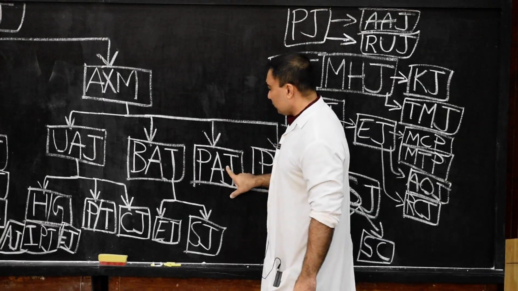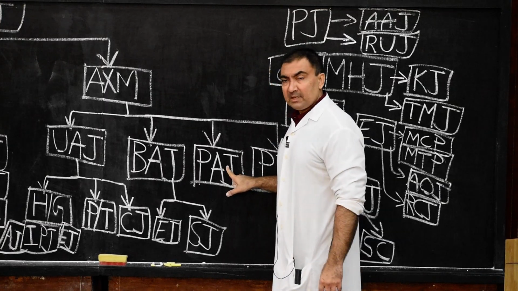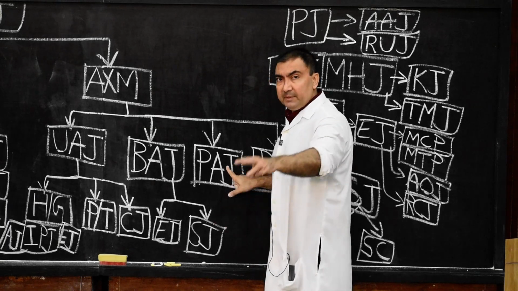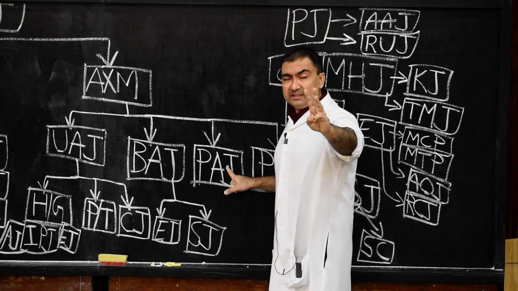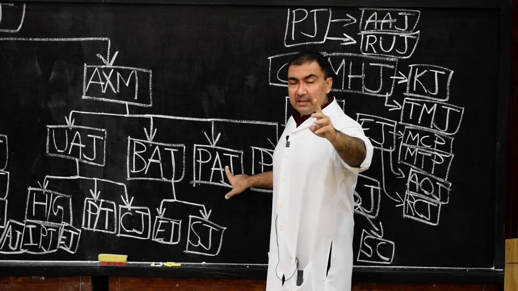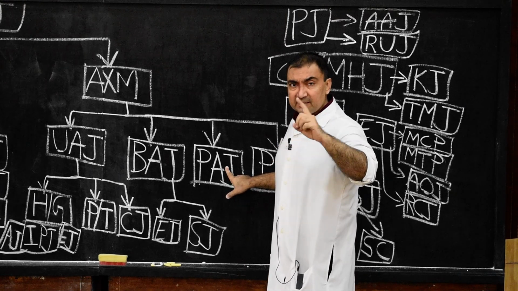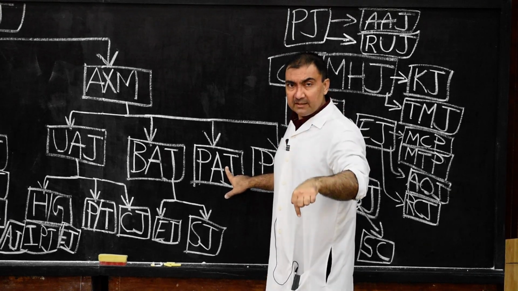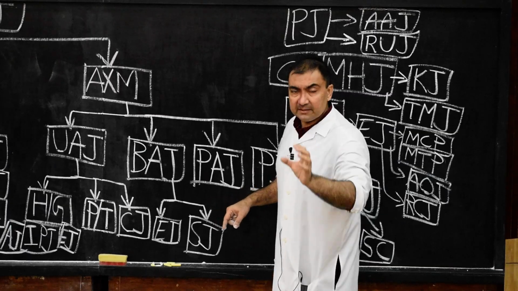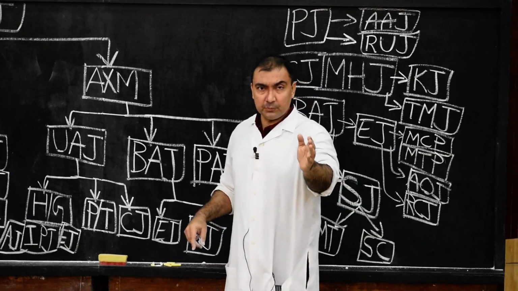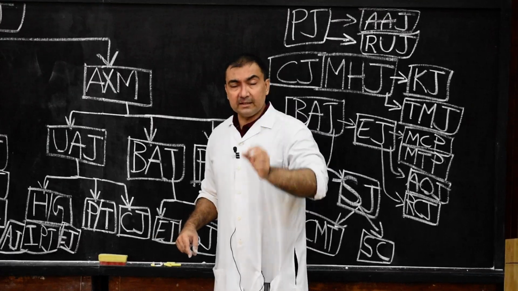Now we come to polyaxial. In polyaxial, there will be 3 degrees of freedom of movement, and these 3 degrees will be around the transverse axis, anterior posterior axis and vertical axis.